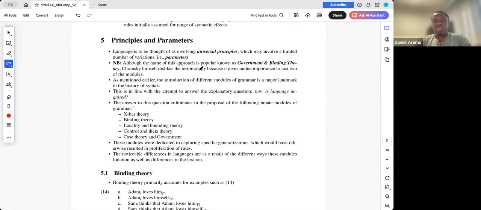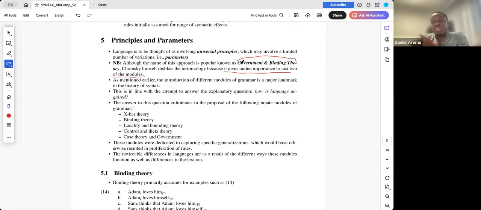And government and binding theory, of course, Chomsky actually dislikes that terminology because it gives undue importance to only two of the modules. There are other modules, not just government and binding. So even though people use this term for this theory, it is understandable. Why? Because the first time he started developing this theory was when he gave a lecture on government and binding.